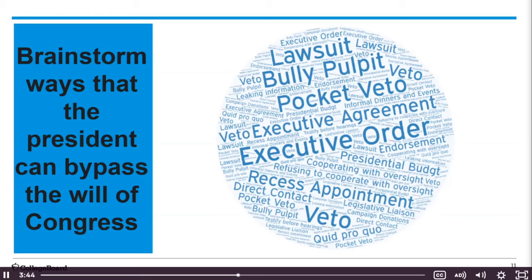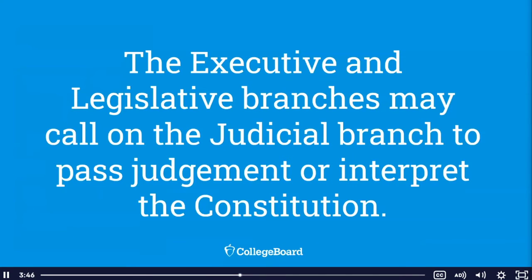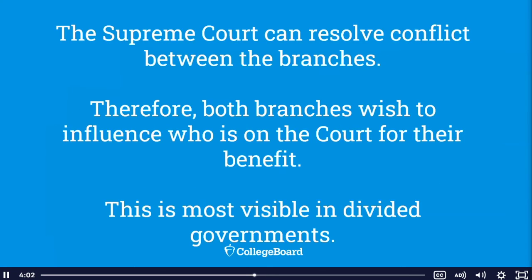So the executive and legislative branches can call on the judicial branch to help make a decision when there is a conflict. Every time, that's not going to be a choice that can be made. And of course, even after the ruling is made, one side is not going to be happy with that ruling. So even if they can resolve the conflicts, both branches want to have some influence on who sits on the court.